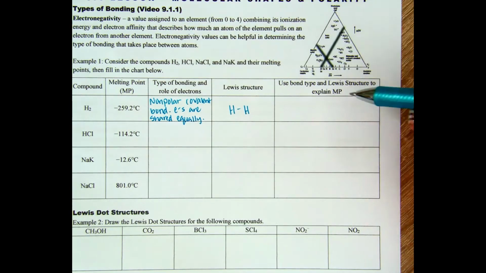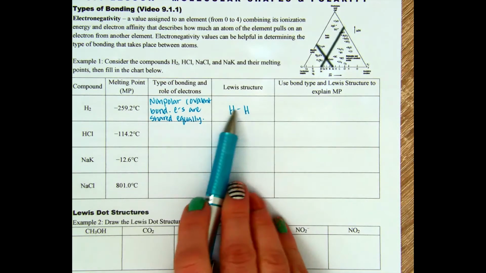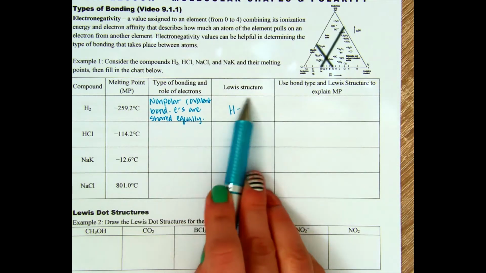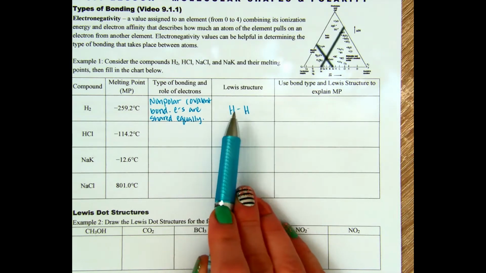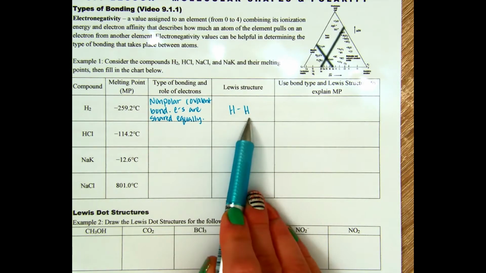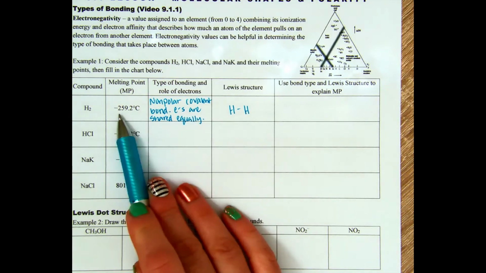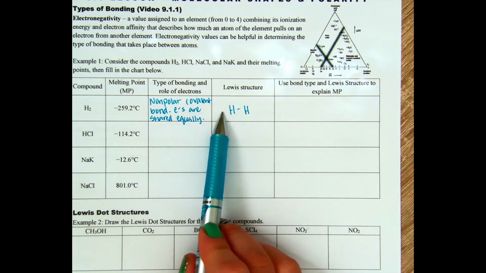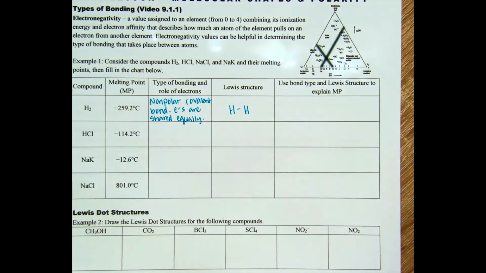Okay, so use the bond type and the Lewis structure to explain the melting point. Well, the only kind of intermolecular force you're going to have here are those London dispersion forces. And so those London dispersion forces are pretty weak. They're the weakest of the intermolecular forces. So that means they're going to have a really low melting point. So it's very, very easy for this to melt, which is why at room temperature we see hydrogen as a gas because it's already much hotter than its melting point.